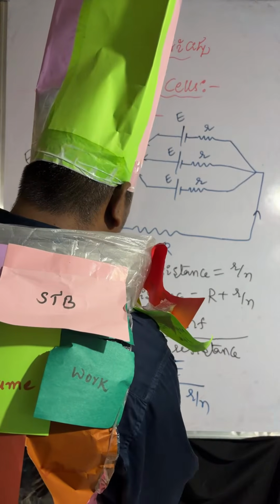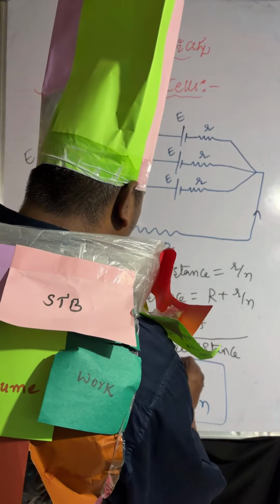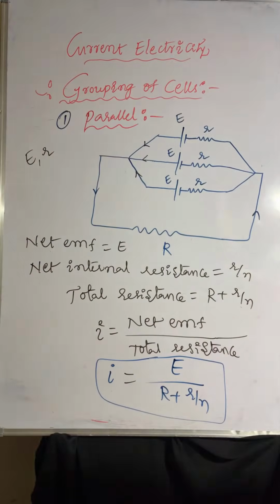That is I in parallel combination. Okay, so is it clear? If it is clear, let me know. The diagram went a little bit in a different direction. I hope it is very clear.